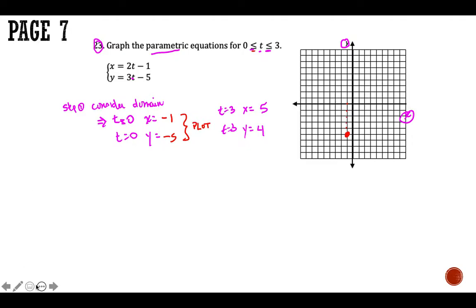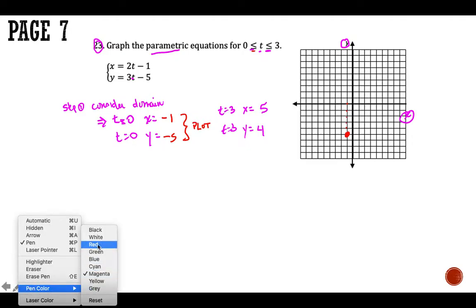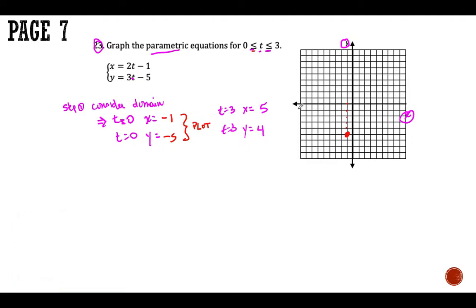Whoops, I meant to do that in red, of course. Nobody gave me units, but let's say 3 seconds. At 3 seconds, the particle is at the horizontal position 5 and vertical position 4.